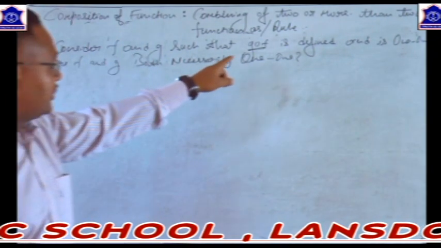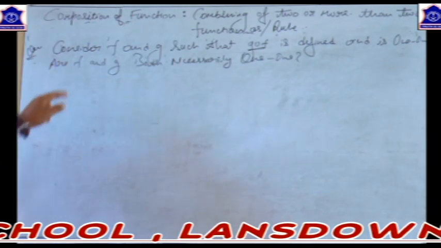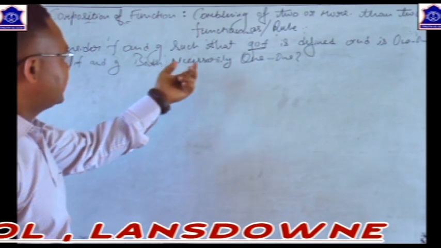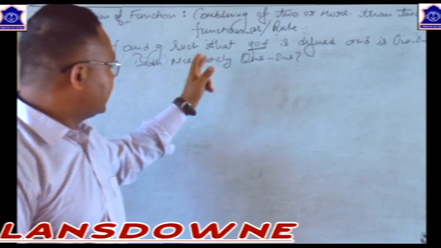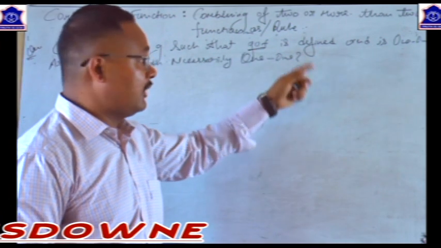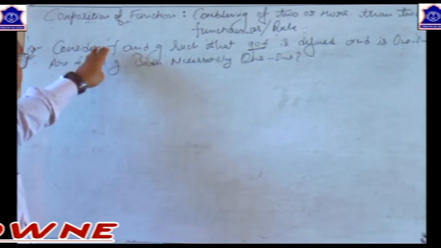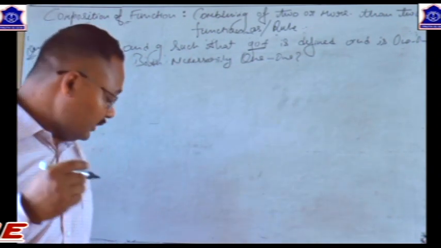If the composition of two functions f and g is 1-1, is it proved that f and g are both necessarily 1-1? What I mean to say is you have two functions f and g and their composition gof exists and is 1-1. So is it necessary that the functions f and g we have taken are also 1-1?